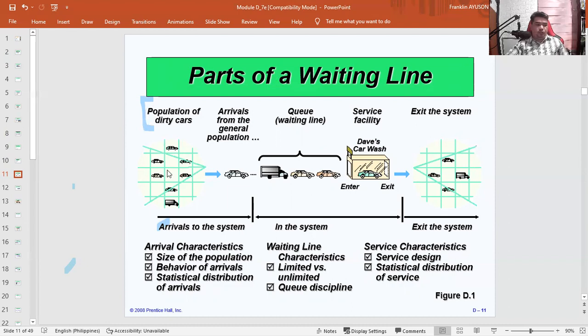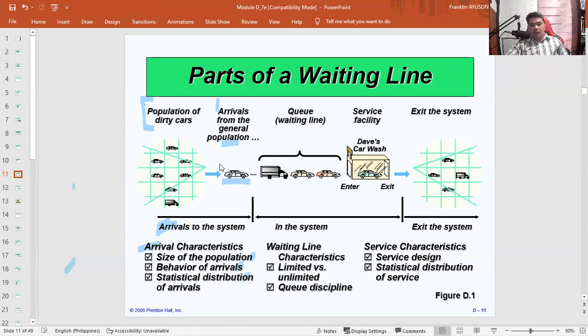Of course, population of cars, they are bound to absorb some dirt. Dudumi talaga, nasa kalsada. The arrival from the general population, so how much from this general population of 30 cars would arrive, that would be part of your arrival to the system. So this is what you call the arrival characteristic. And yung pinag-uusapan natin na size of population, behavior, and statistical distribution.